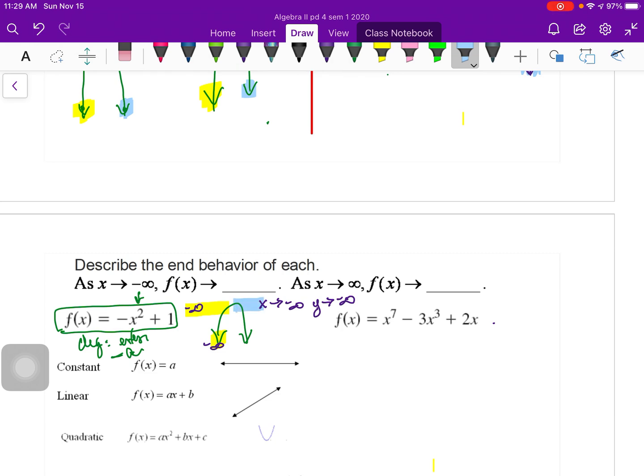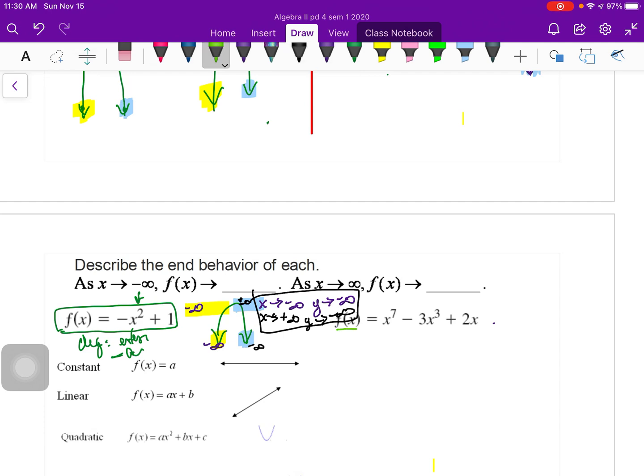Then when I go right, as the x's head towards positive infinity, these y's still go down, so down is negative infinity. So as the x's head towards positive infinity, the y's head towards negative infinity. And there is my end behavior. My ends are the same on an even degree.